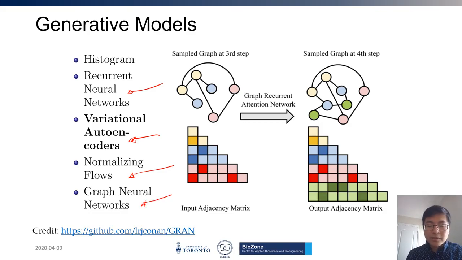So remember I talked about how you can represent proteins as graphs. Well, in this paper, what they do is to generate graphs. So essentially, if you can generate graphs that preserve some of the edge and node properties that you can measure in graphs, then perhaps you can use this to generate proteins.